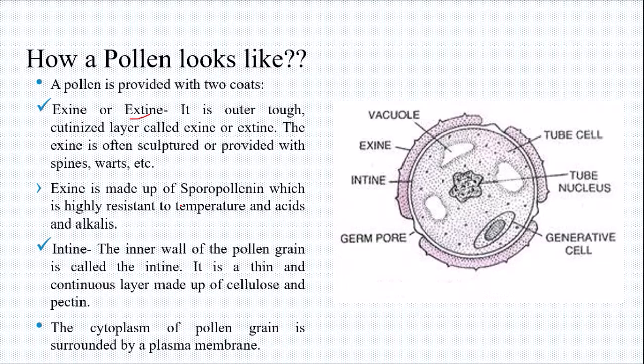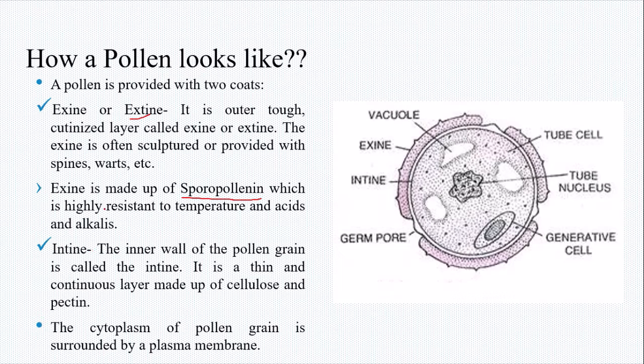Hence the study of pollen grains is a very important branch of fossil study. The exine helps in the preservation of the pollen in any extreme condition very easily, and sporopollenin is the matter due to which this is possible.